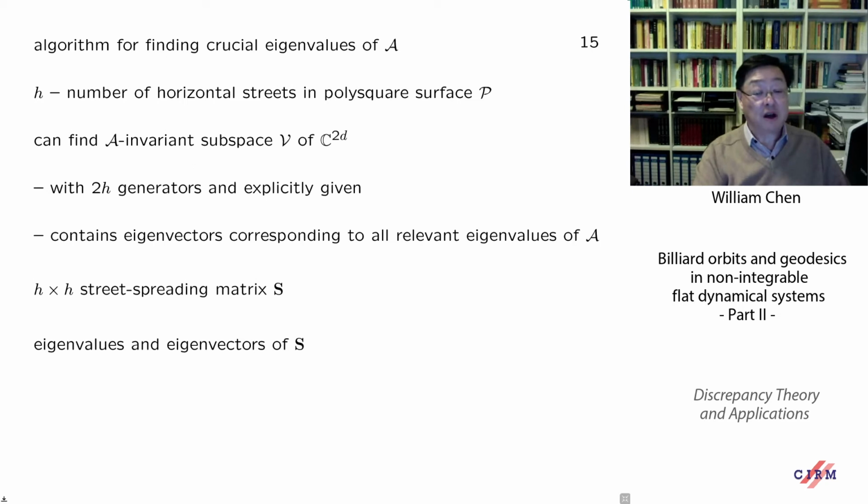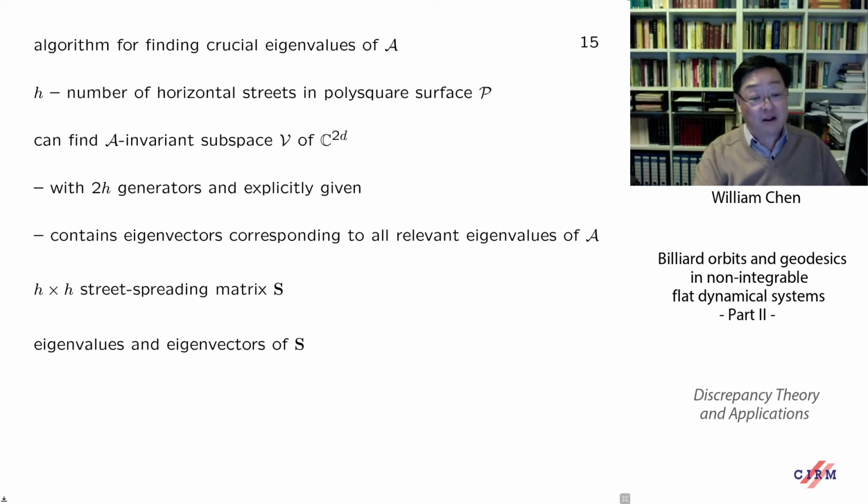by H. Now, think about the question when we were looking at the geodesic on the surface of a cube. The transition matrix is 48 times 48. As it turns out, the corresponding street spreading matrix is actually 6 times 6, which is a lot smaller.